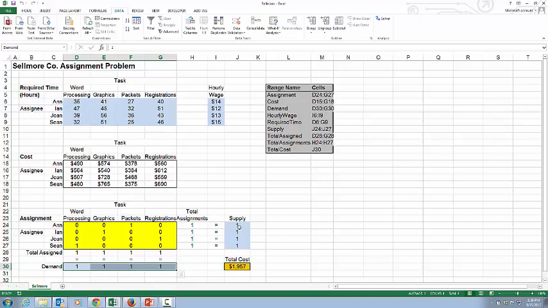And all that's just saying is the fact that this equals 1 means we have to assign somebody to do the word processing task. And we have to assign one person to do the graphics task and one person to do packets, etc. Furthermore, each employee can only be assigned and must be assigned exactly one task. This is what we call a pure assignment model.